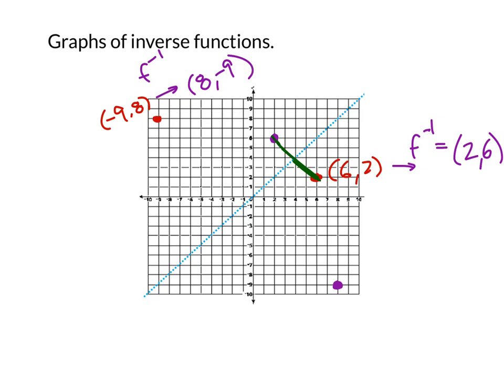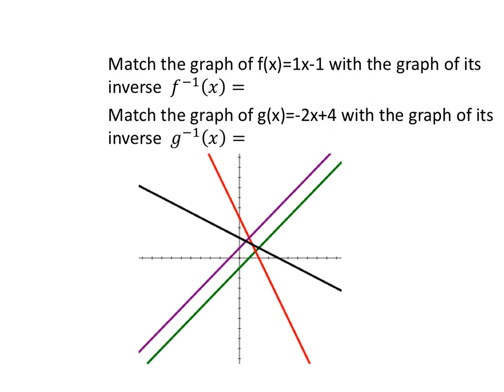Just like that. And again, it creates that straight across, or reflected across, that blue dotted line, which means it almost acts like an axis of symmetry, which we've seen before.